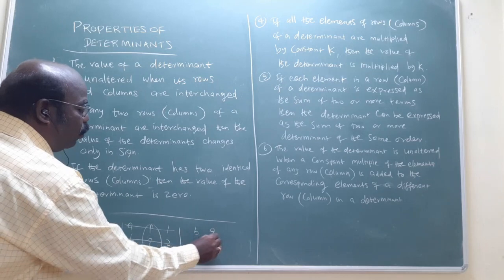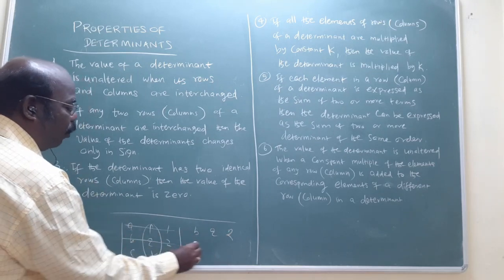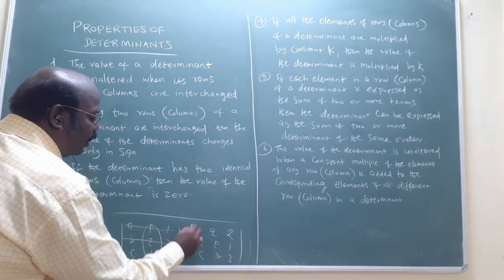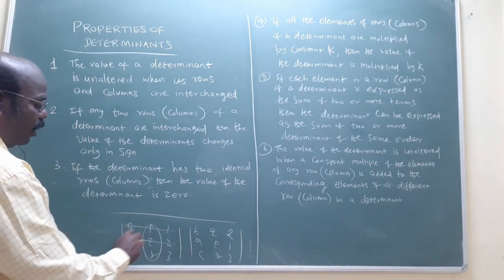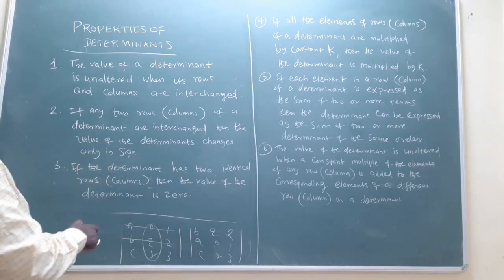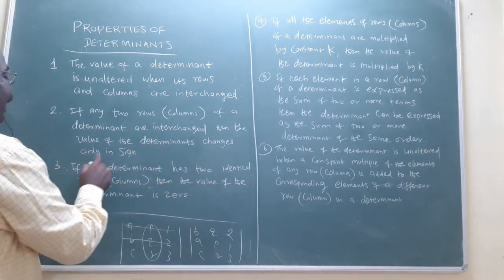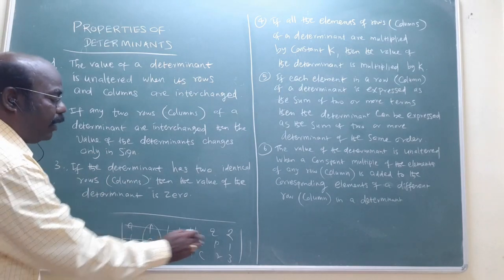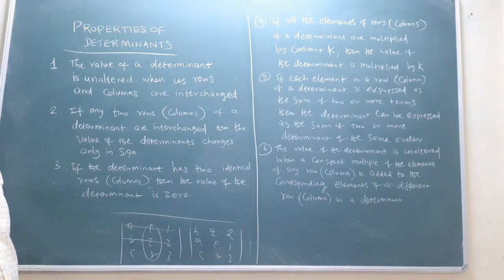Interchange them, and we get P, Q, R first, then A, B, C. The third one is unchanged. The first row and the second row are interchanged, so the value will be equal but with the opposite sign. Change the sign only. Suppose this is the answer, then this answer will come as minus of it. When you interchange any two rows, the value will be negative.